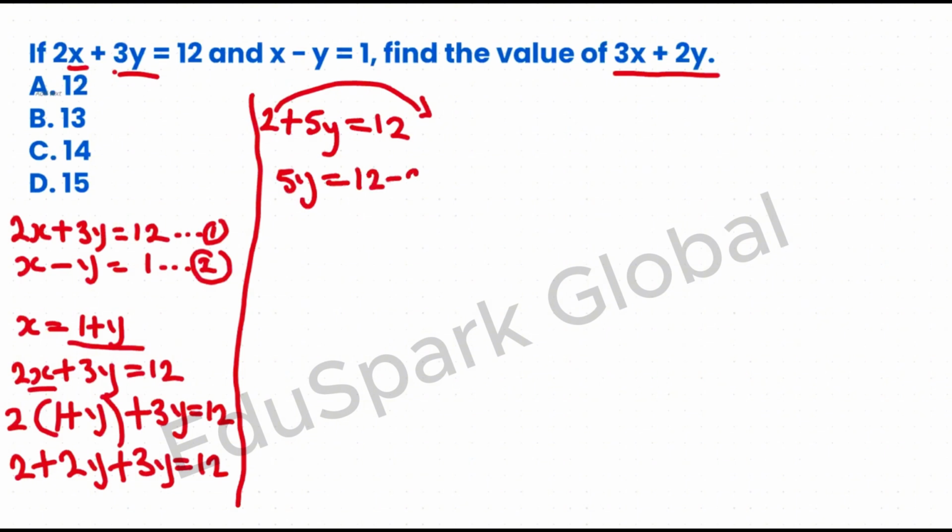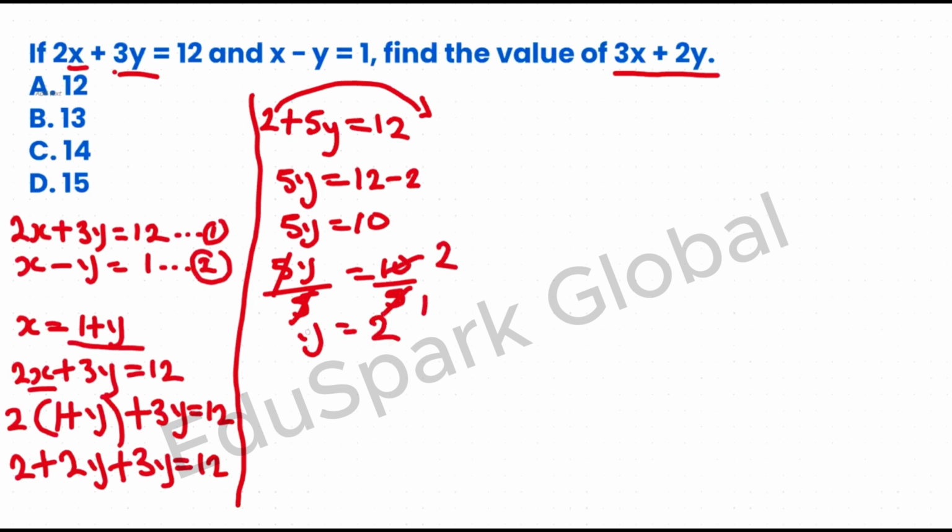So we have 5y equals 10. We divide both sides by the coefficient of y, which is 5. So we have 5y divided by 5 equals 10 divided by 5. 5 cancels 5, y is left. 5 into 5, 1. 5 into 10, 2. So our y equals 2.